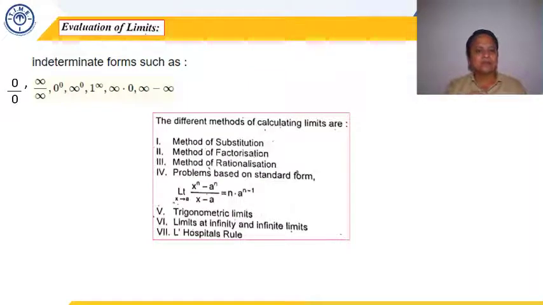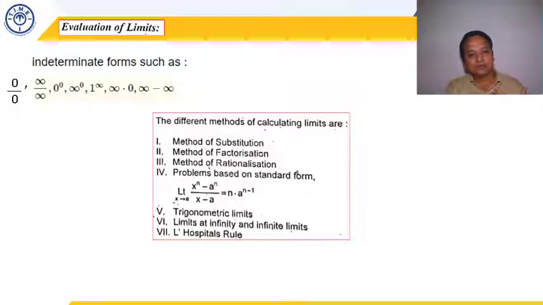So we have different methods of calculating limits. First is the method of substitution. Second, method of factorization. Third, method of rationalization. We rationalize the numerator or denominator as required. Fourth, problems based on standard forms.